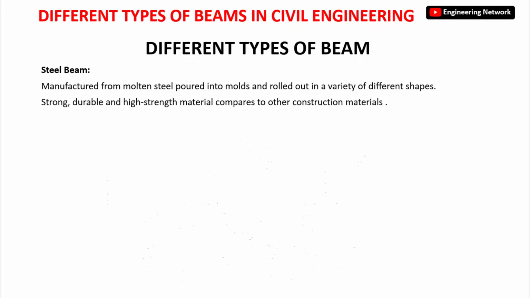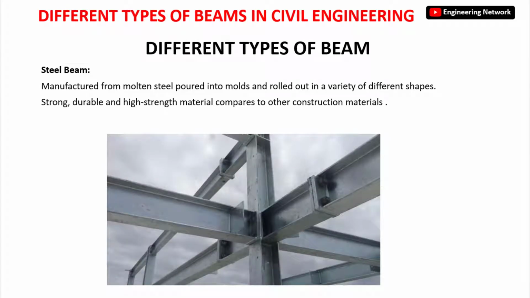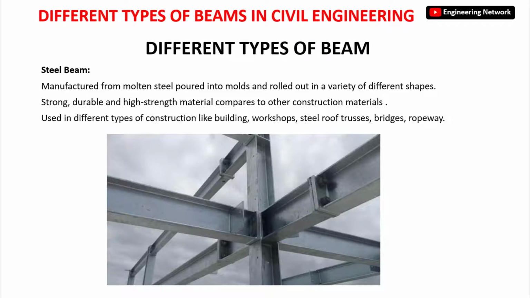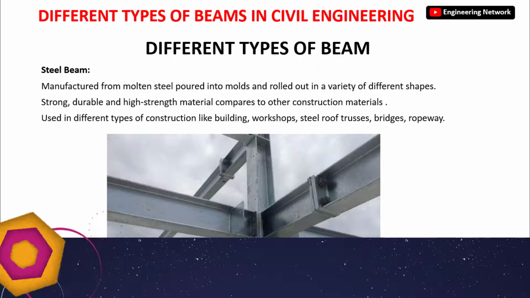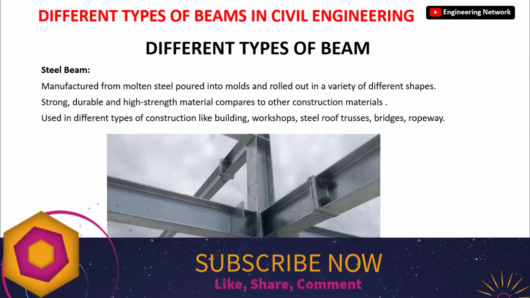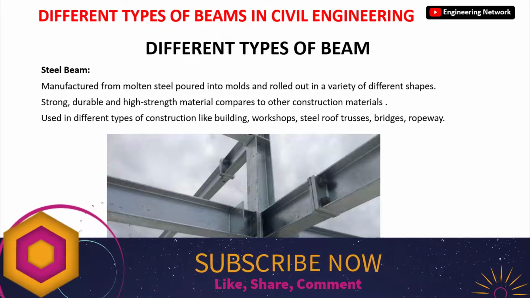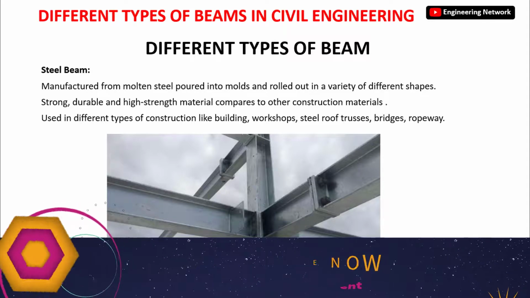You can also see steel beams on your screen that are used in the given structure. Steel beams are used in different types of construction like buildings, workshops, steel roof trusses, bridges, roadways, etc.